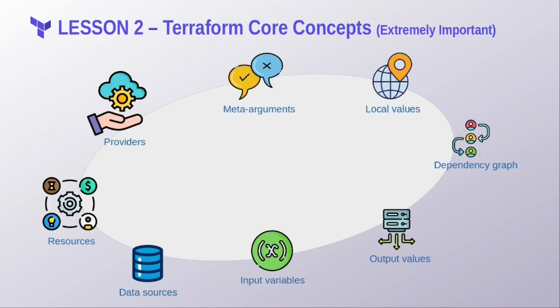Important conclusion: the order of code does not matter. Dependencies decide everything. Please remember this. This idea is the heart of Terraform. Let's repeat the big picture one more time.